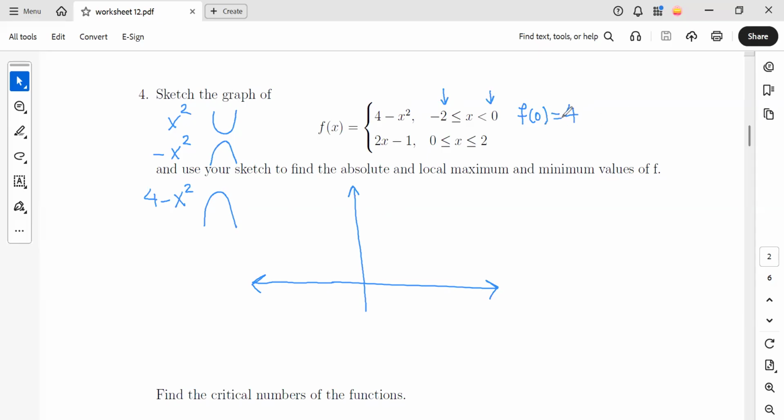The first point is 0 and 4. This is 0, 1, 2, 3, 4, and it is an open circle because we don't have an equal sign here. f of negative 2 is 0, and it is a closed circle here. So we know that it is a quadratic function facing down. So this is the graph.